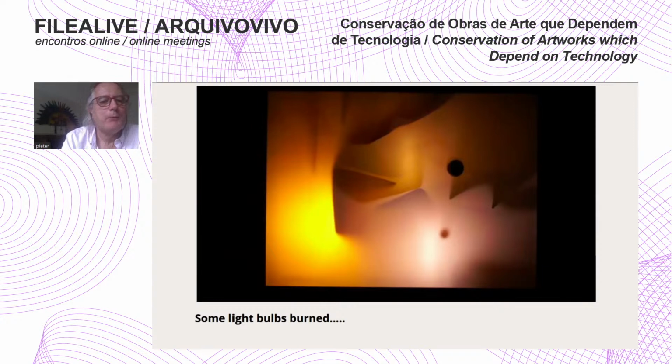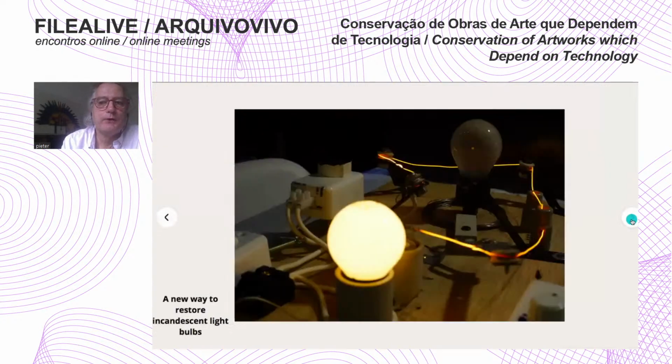But they were not always the same as he had used in the past, because he also started buying lamps in shops when he was there. So nowadays we have several of these cinechromatics that are not anymore the original works that the artist created.